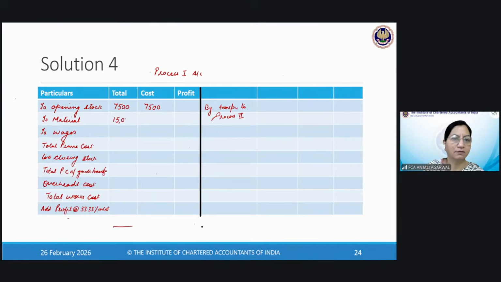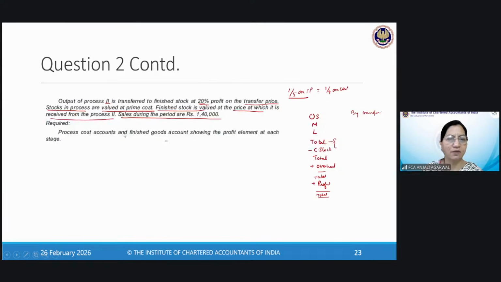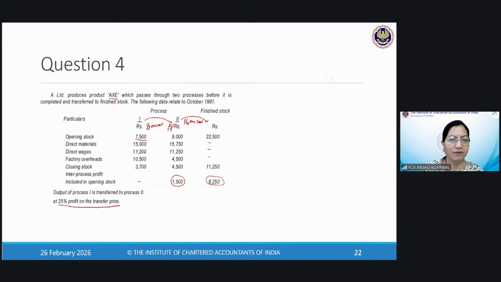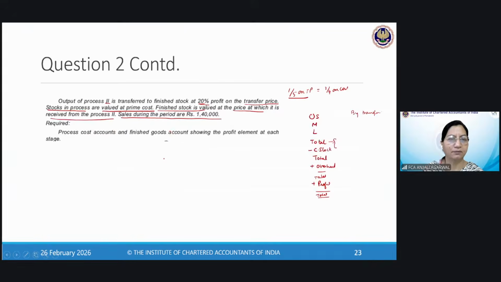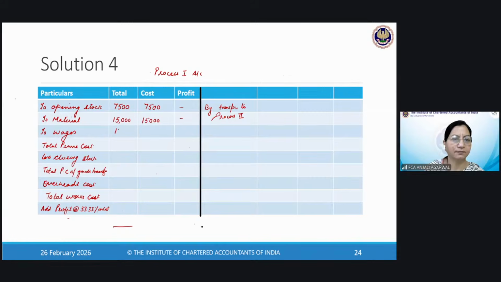How much is the cost of material? 15,000. Profit? Nil. What is the value of wages in process 1? 11,200. Is there any profit in this in process 1? No. So how much is the total prime cost?